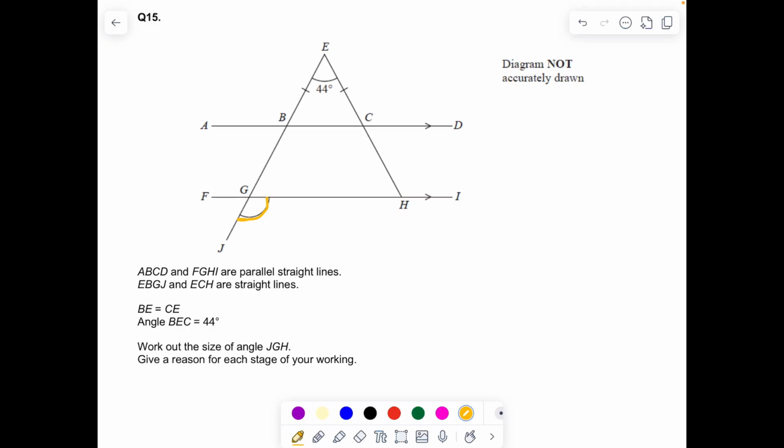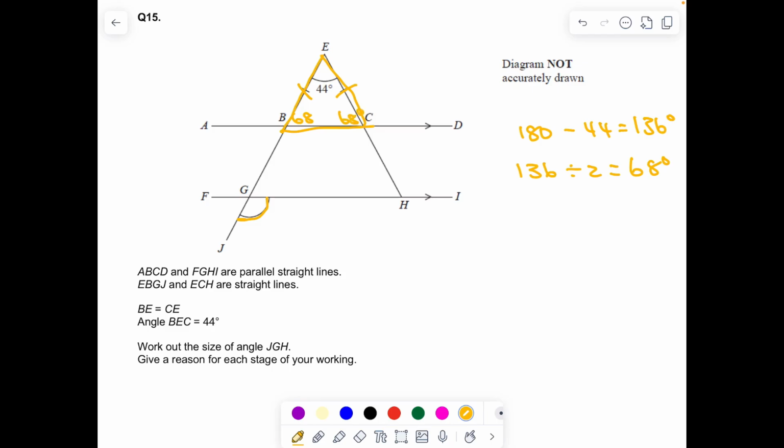So let's do the working out first. We know that this part here is an isosceles triangle. So we can do 180, take away 44, which gives you 136. And then I can do 136 divided by 2, which gives me 68 degrees. So I know that this is 68 and this is 68.